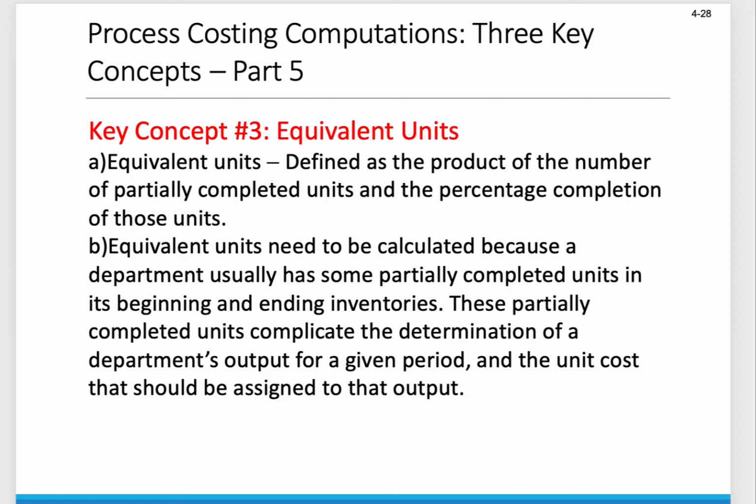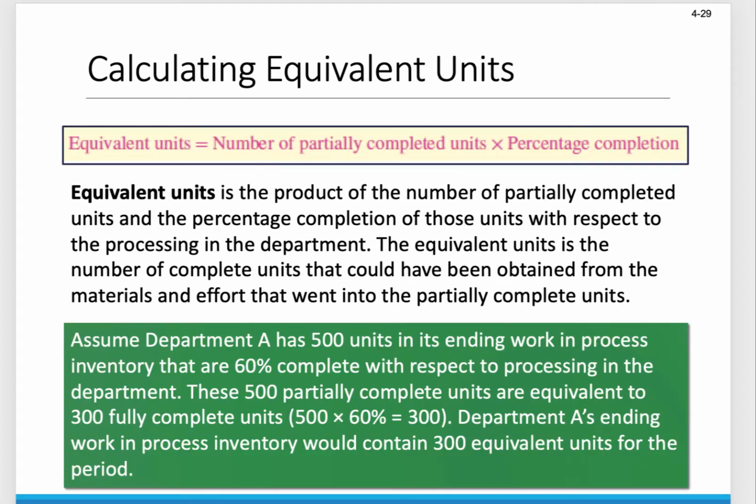When we go through the calculations, I'll point out where we're restating ending inventory. We're saying, based on our inputs, our ending inventory is comprised of a smaller number of fully completed units. Very, very important, and we're going to get a lot of practice on this.